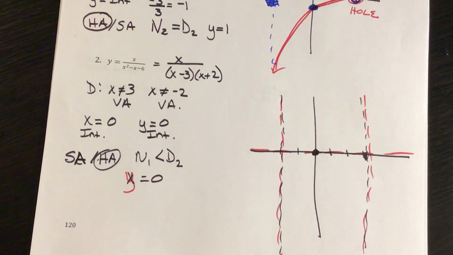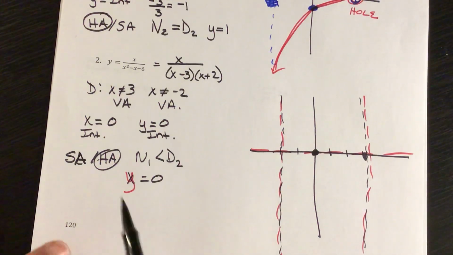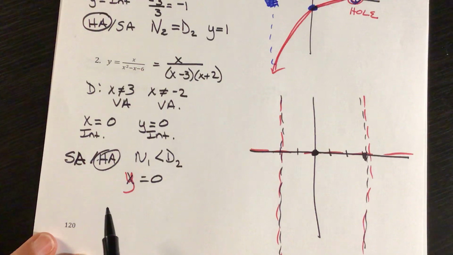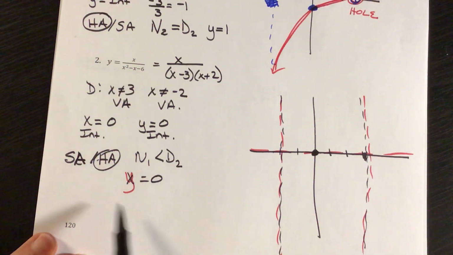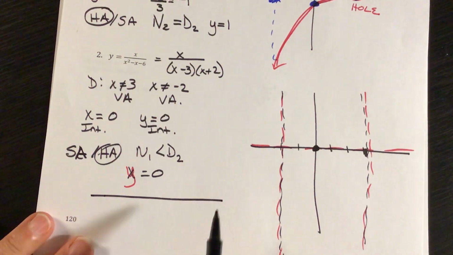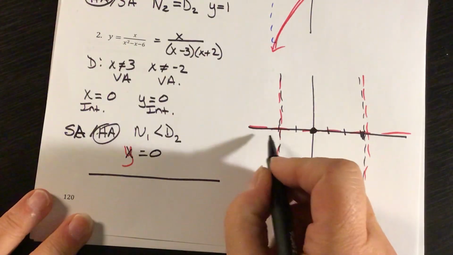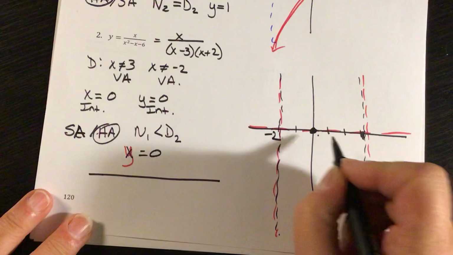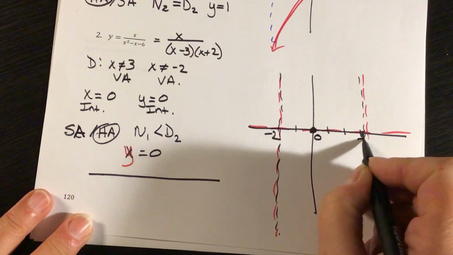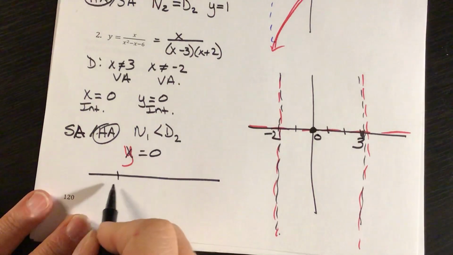All right, so I am looking to see where my values are positive or negative. So I'm going to do my number line. This is at -2. I need to look at 0, and I need to look at +3.